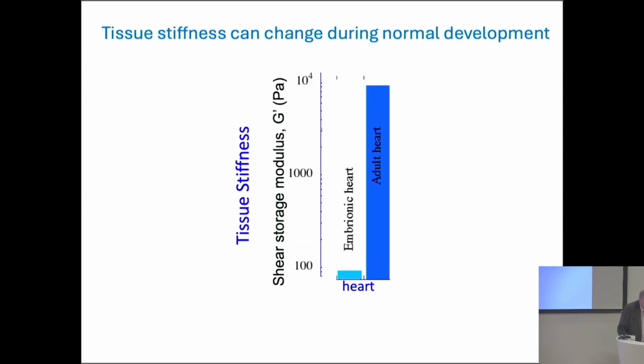What next? Okay, so I don't want to overstate the case that stiffness changes are a bad thing. They are a normal part of development. So when your heart develops in the embryo, the first time there is a cardiac muscle cell that is contracting, it lives in an environment that has approximately the elastic properties of mucus.